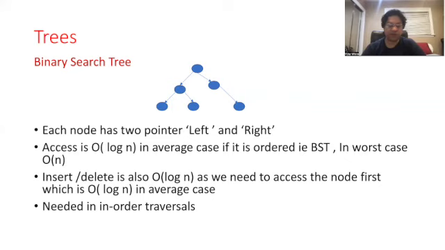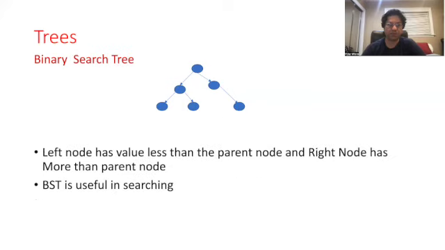If we do the in-order traversal of a binary search tree, we get a sorted array of the elements. So a BST is useful in searching, and that's one of the advantages of a binary search tree, and the complexity is again order of log n.